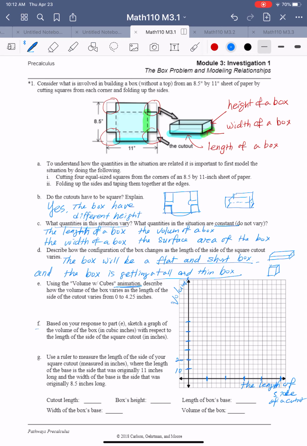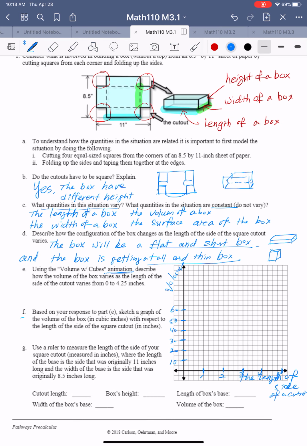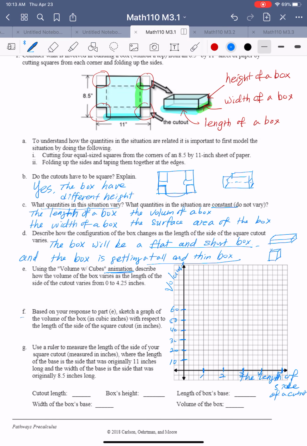Then 1, 2, 3, 4, 5 as the inches on the horizontal side. So now you need to see what kind of formula we have to define that, okay?